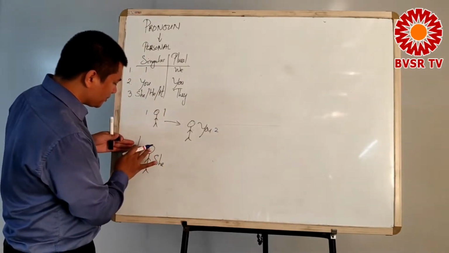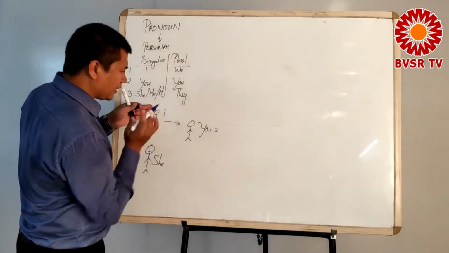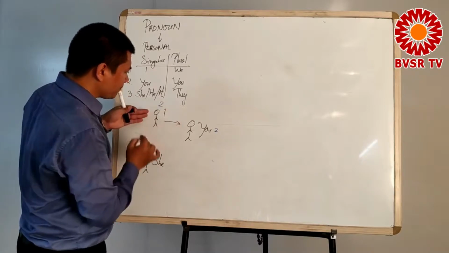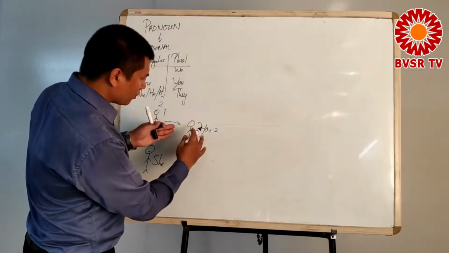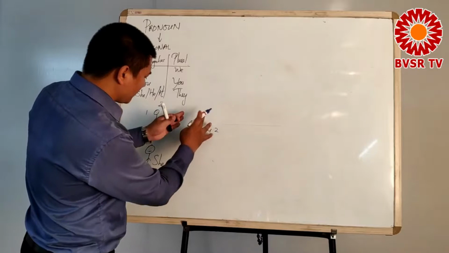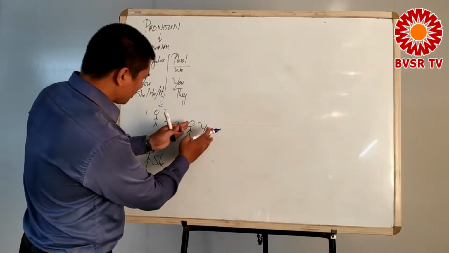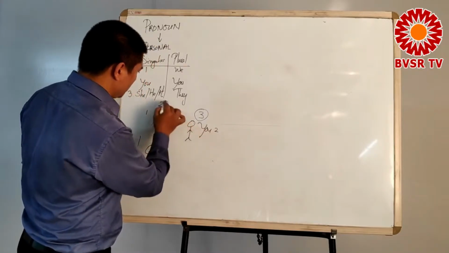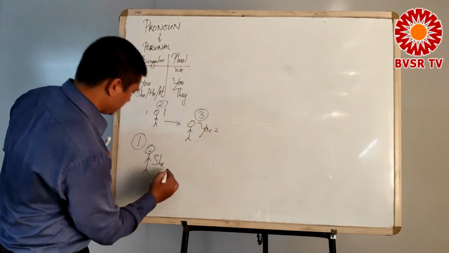Then this person becomes the first person, the person who is listening to the speaker becomes the second person, and the topic they are talking about, for example this person, becomes the third person.